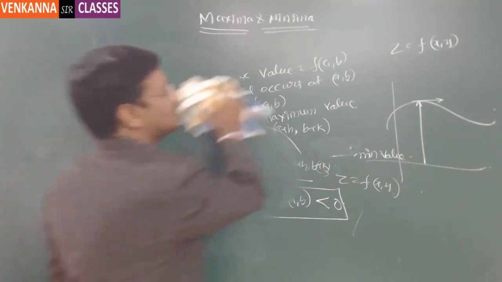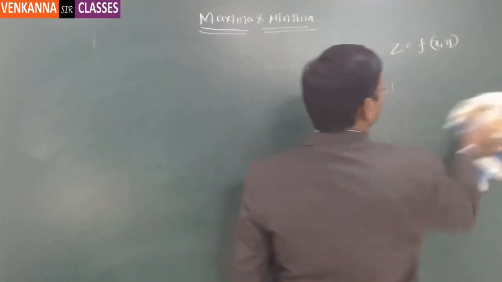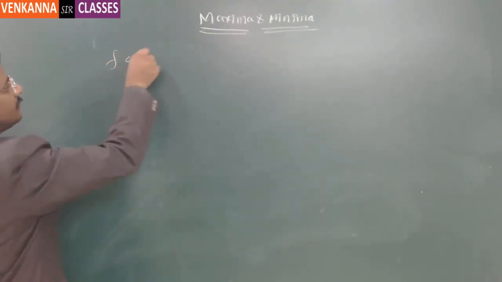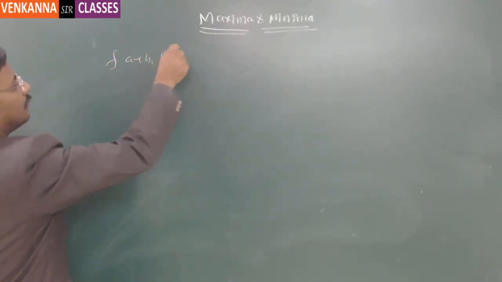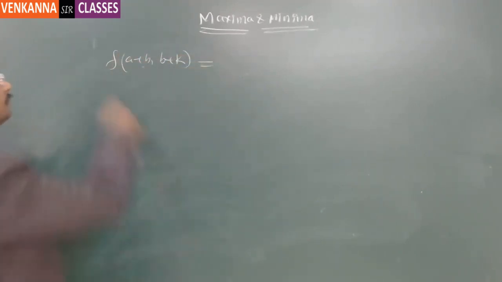Now we'll see the conditions of the maximum value or minimum value. Those conditions are, so f(a+h, b+k). Now we will expand this with the help of Taylor's expansion.